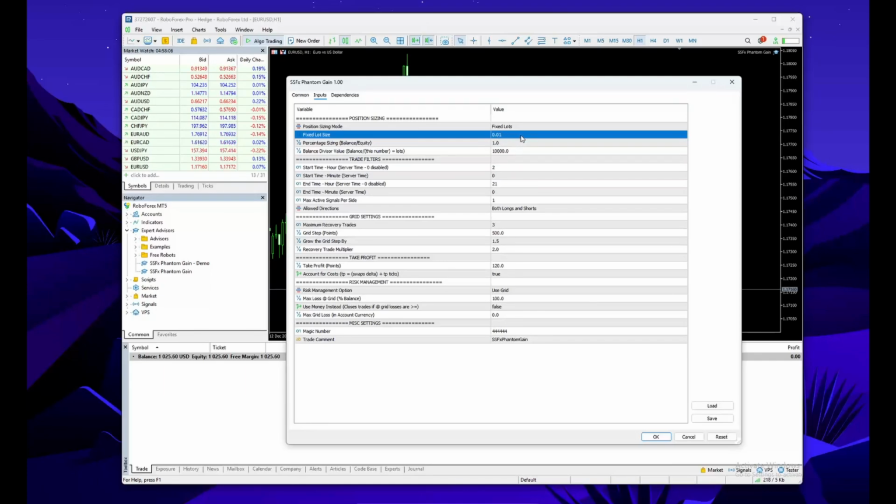Of course, the bot in the background uses a grid recovery system. So depending on your first risk value, it might affect all the others, depending on the settings that you set in the grid settings section.